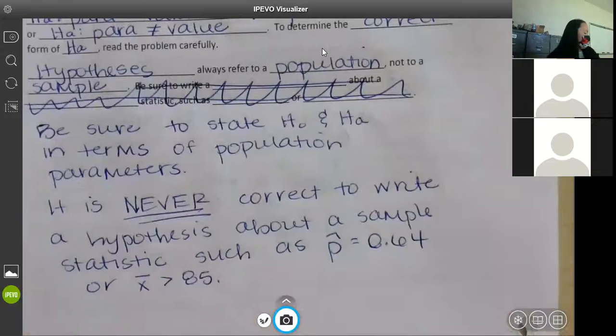So those deal with samples and we're talking about population. We're doing a page and a half. So front and back of the next page and then the front of the next one and we'll be done. Okay.